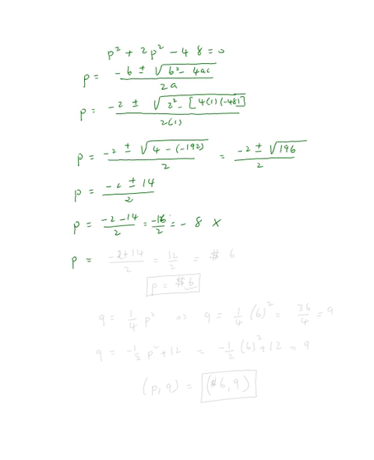And then the other value we're going to keep, which is minus 2 plus 14 over 2. 14 minus 2 is 12, divided by 2, which is $6. So now we found out the price is $6. So we need to find Q, the quantity supplied or demanded.